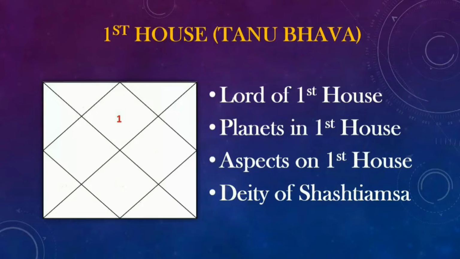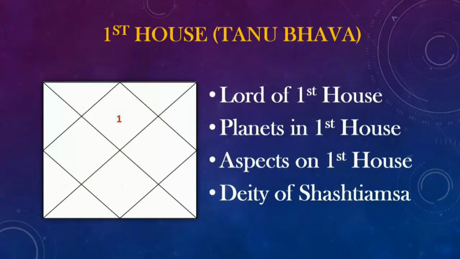Then the malefic planets, planets like Saturn or Mars rule your first house. Of course, there will be struggle and problems in life. If planet Saturn rules the first house of a Shastiamsha, it represents that your growth in life will be slow and gradual, but it does not deny success in life.